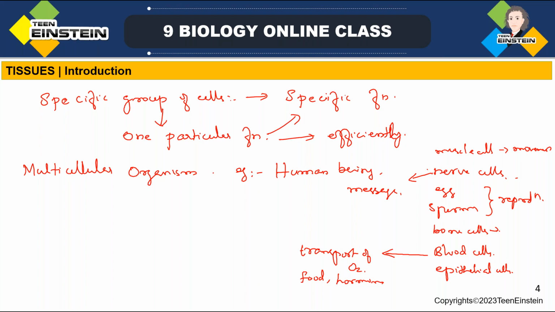It is helping for transport of oxygen, then transport of food, food absorption is taking place there, then hormone transport, for everything blood cells are helping. Okay, in detail you will learn in higher class, 11th and 12th. So blood cells, then epithelial cells, all different types of cells are there, like different groups of cells, and each group of cells is having a specific function, isn't it?